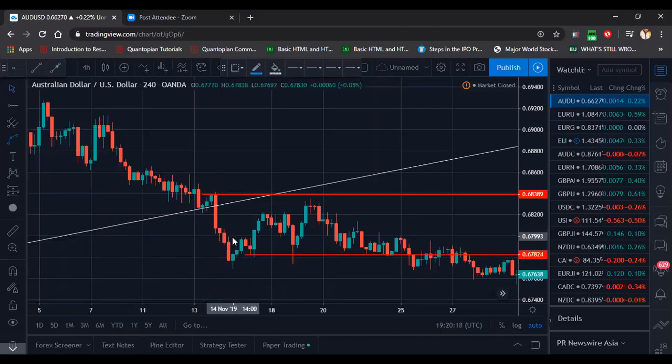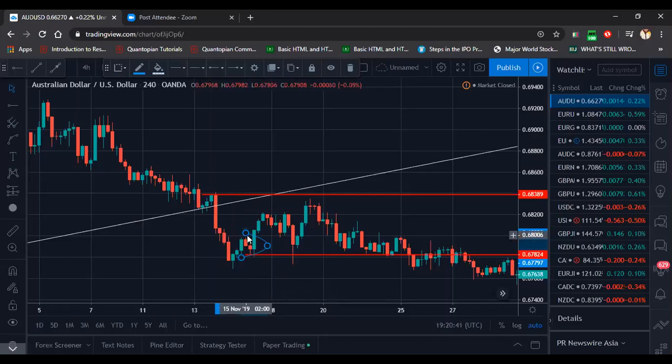Okay, yeah, so this level is what I'm talking about. Bears were in the market selling, and then buyers stepped in and pushed the price up. So realize that this is a bullish engulfing candle.